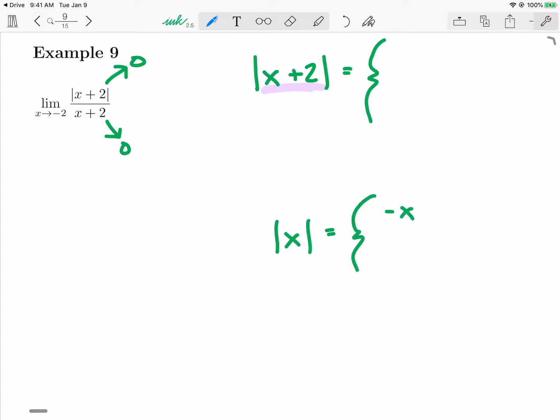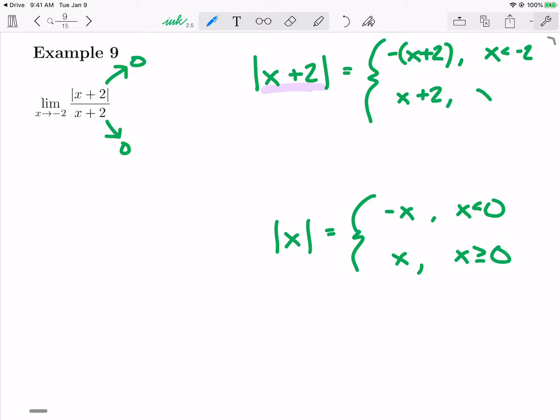It's negative x whenever x is less than 0, but otherwise it's just regular old x when x is greater than or equal to 0. So I have the same case up here. It's equal to negative x plus 2 whenever that inside is negative, which is whenever x is less than -2. And then it's plain old x plus 2 whenever x is greater than or equal to -2.